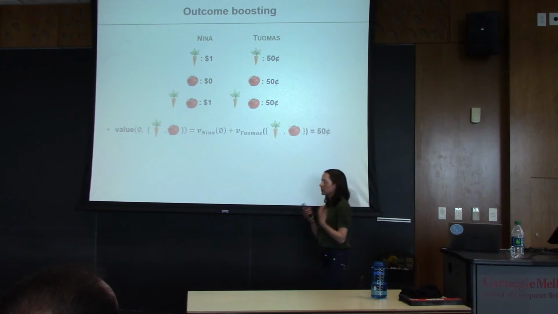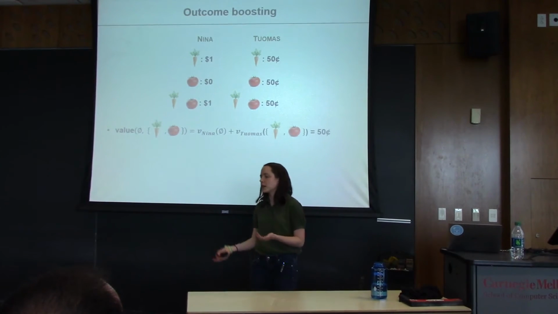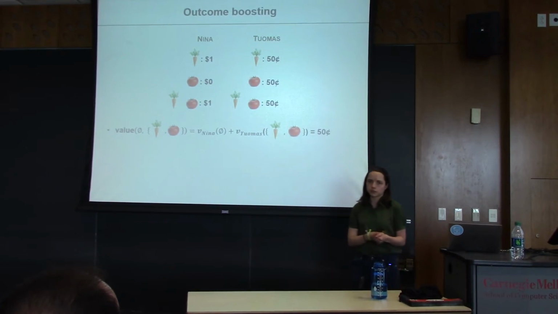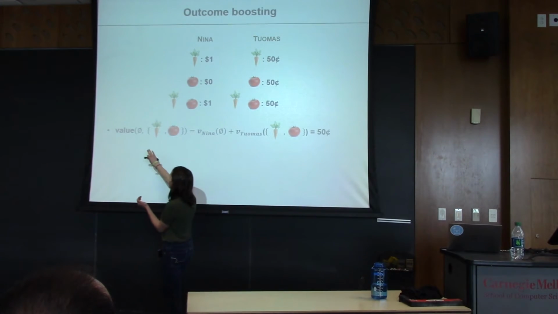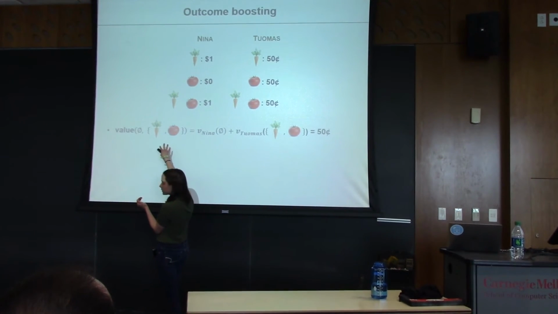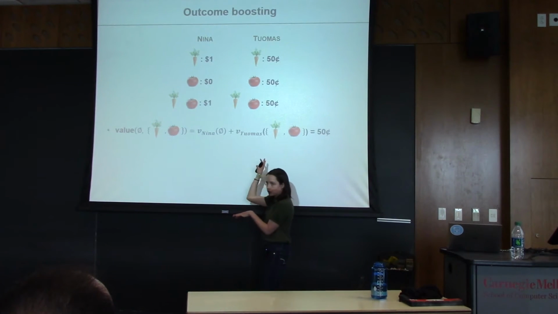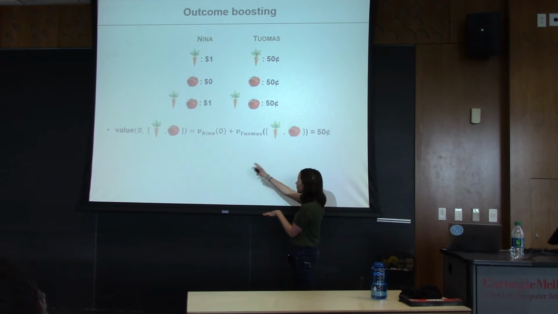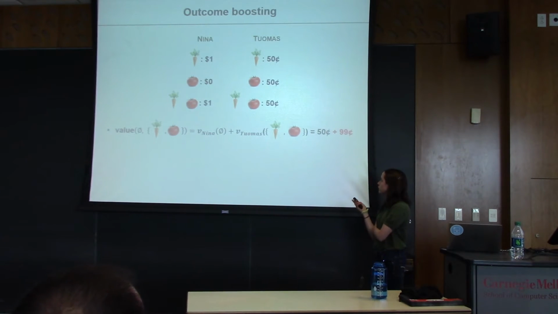Okay, so one of the mechanisms I'm going to introduce for getting the bidders to pay more is called outcome boosting. So we take an outcome, for example, Nina gets the empty set, Tuomas gets the grand bundle. The value of this is just the sum of the bidders' valuations for their allocation, which is 50 cents. And then I'm going to boost this by 99 cents. What do I mean by boost?